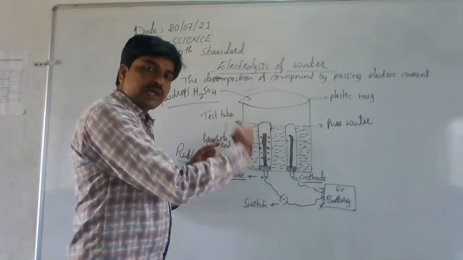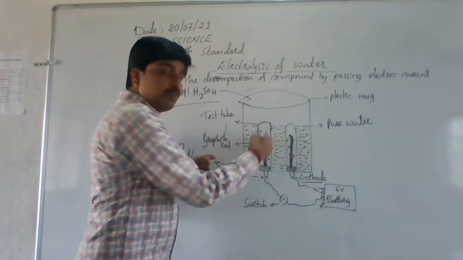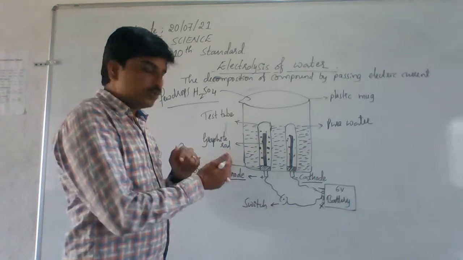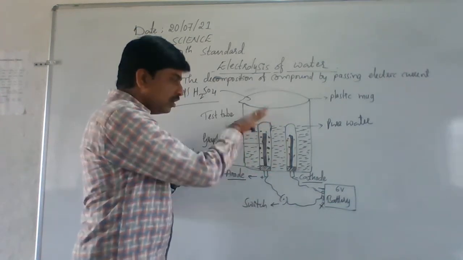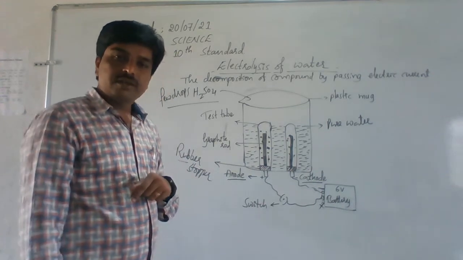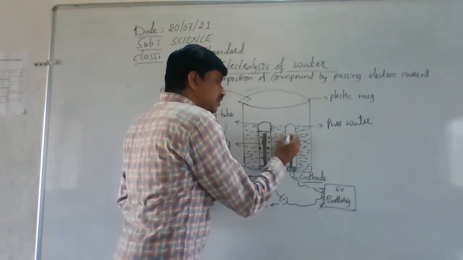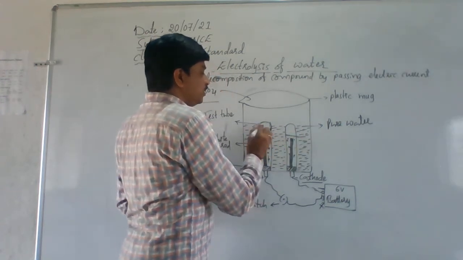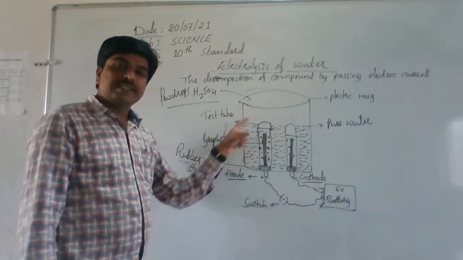After few minutes, you can observe the air bubbles start to generate in both test tubes. When air bubbles start to generate in both test tubes, the water level goes down. See, in both test tubes, gases are collected.